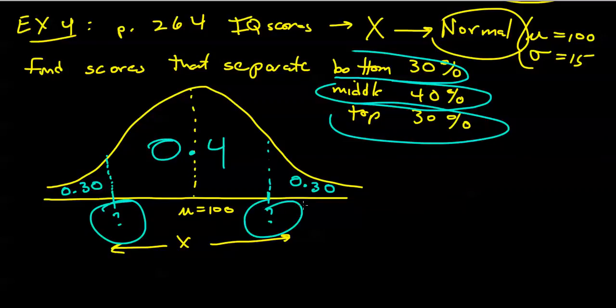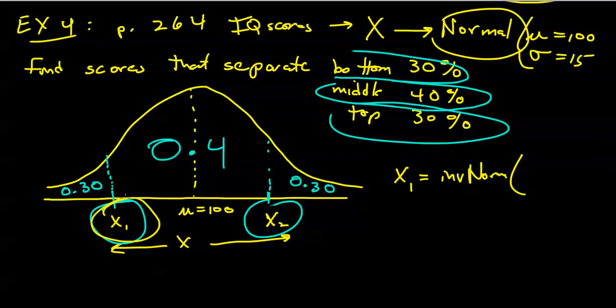And of course, we can use our inverse normal command if we play our cards right. So let me call this value x sub 1, and let me call this value x sub 2, so we don't get confused. To find x sub 1, we're going to use our inverse normal command.